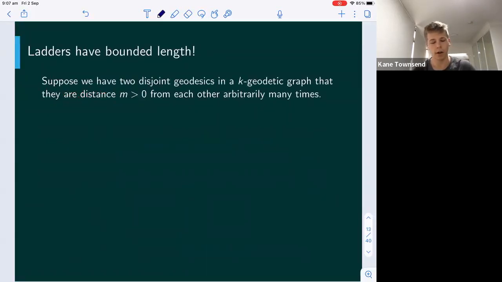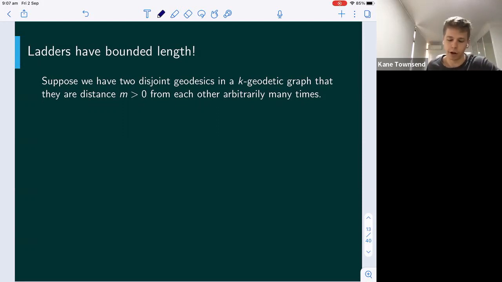To start off, I'm going to go through a fact that in k-geodetic graphs, ladders of a particular thickness have to have a bounded length. By ladder, I mean two disjoint geodesics a distance m larger than 0 from each other, which can only happen a finite number of times.